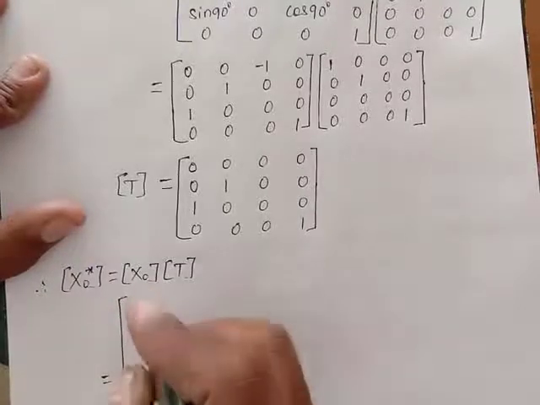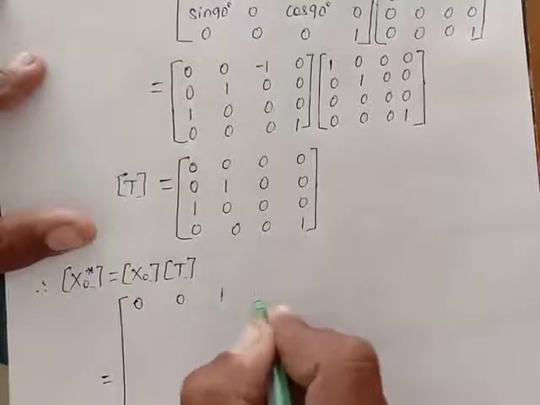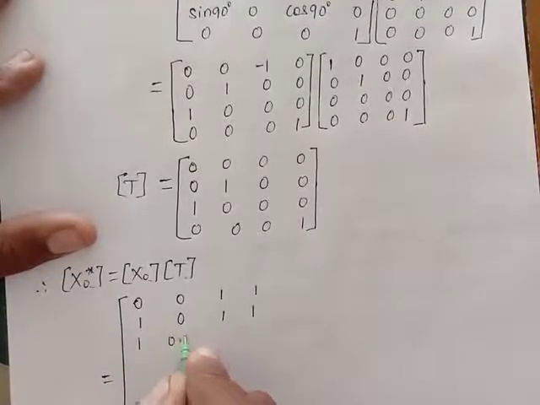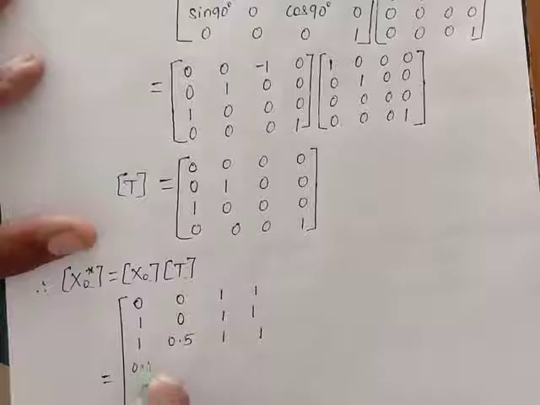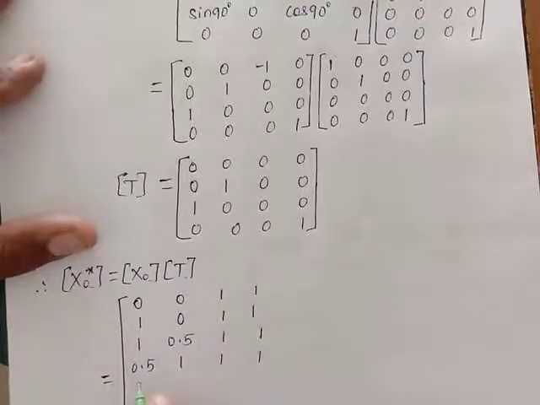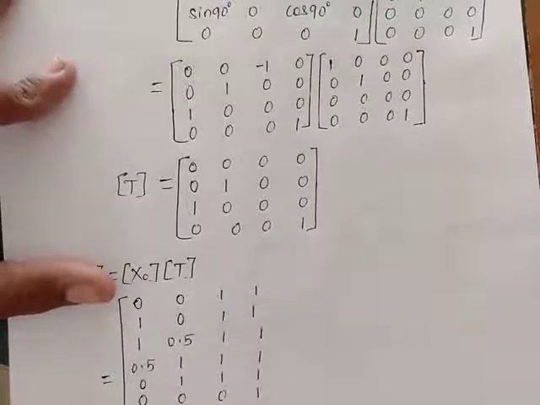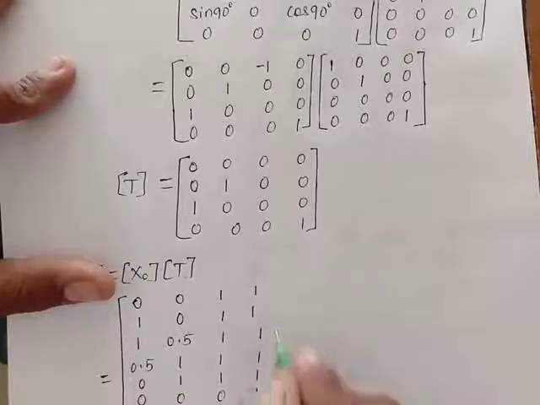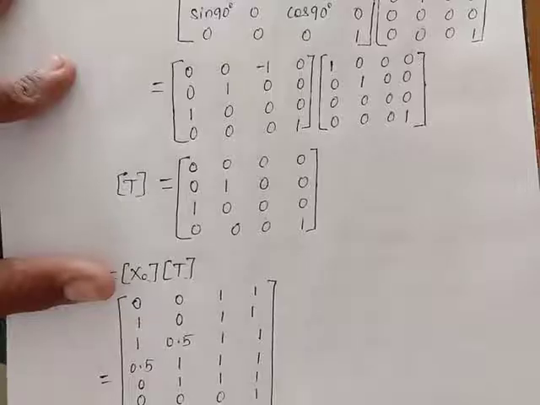The X0 matrix is with us: 0 0 0 1, 1 0 0 1, 1 0.5 0 1, 0.5 1 0 1, and so on.